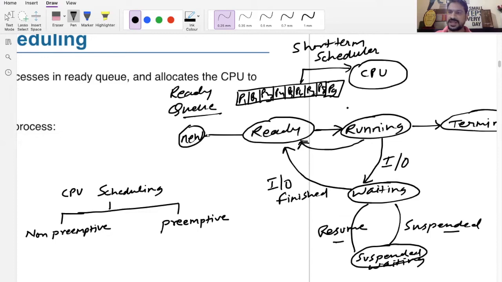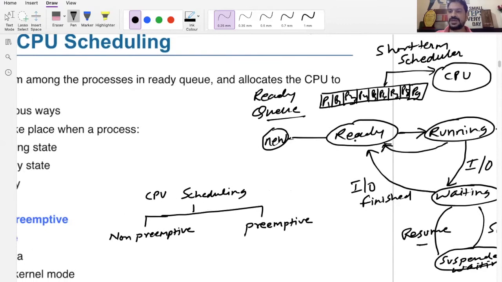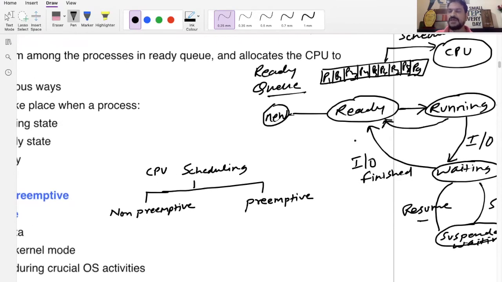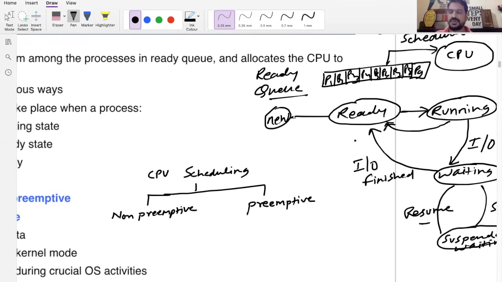When we see round robin CPU scheduling, you'll see how this preemption takes place. So preemption means that if some process is running and we forcefully deallocate the CPU from that process and put it into the ready state again, that type of scheduling comes under the category of preemptive scheduling.